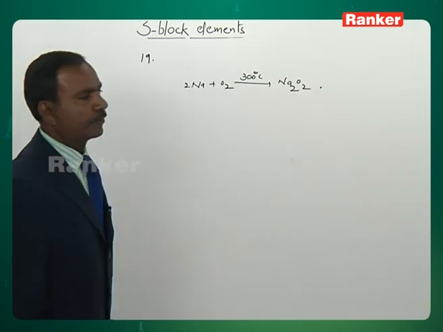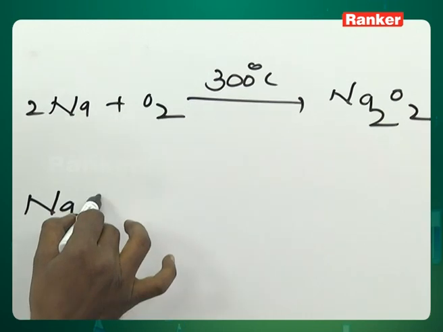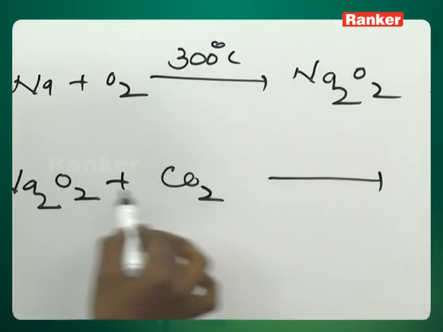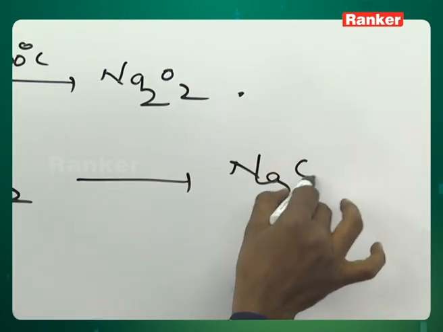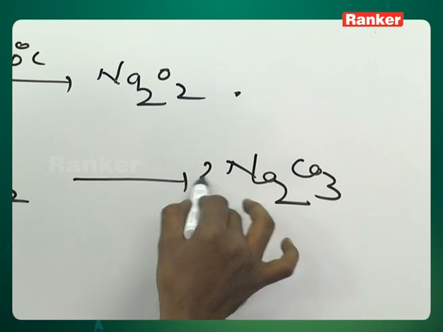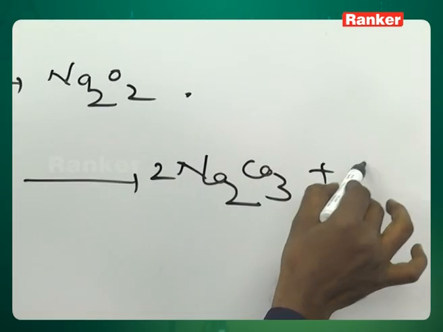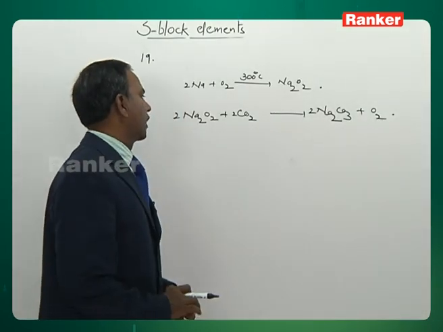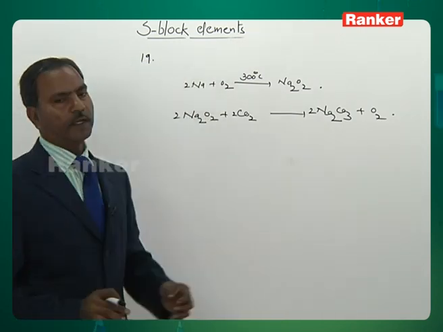Sodium peroxide absorbs CO2, it is saying. 2Na2O2 plus 2CO2 gives 2Na2CO3 plus O2. What is the question here?